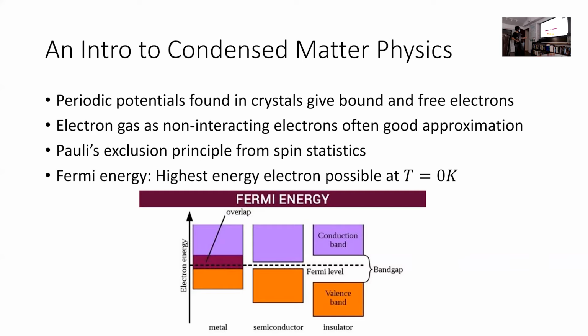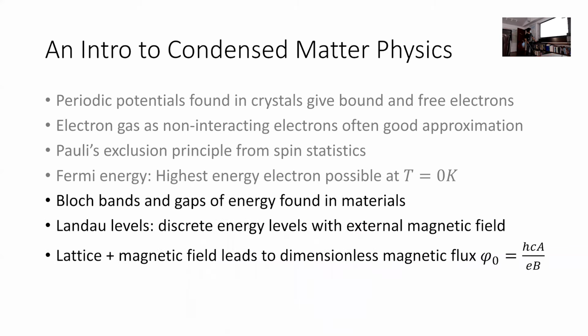So this is going into the foundations of the difference between conductors and insulators, really, from the notion of quantum mechanics, coming from the Fermi energy driven by Pauli's exclusion principle. We briefly mentioned last time, and I'm going to go through these in more detail on future slides, Bloch bands and gaps associated with the insulators.